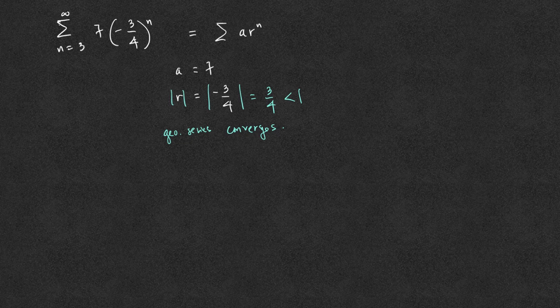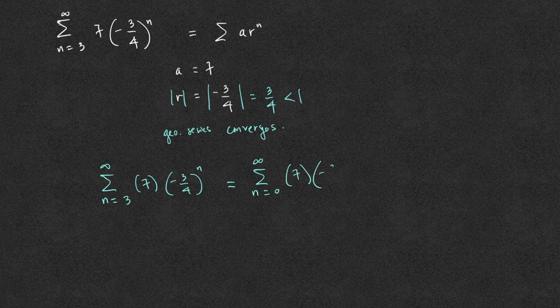If we remember the formula, we simply use it, or we can rewrite this series, n equals 3 to infinity of 7 times negative 3 over 4 to the n, as the series n going from 0 to infinity of 7 times negative 3 over 4 to the n power, but then we borrow a few terms so that we can start the index with 0.